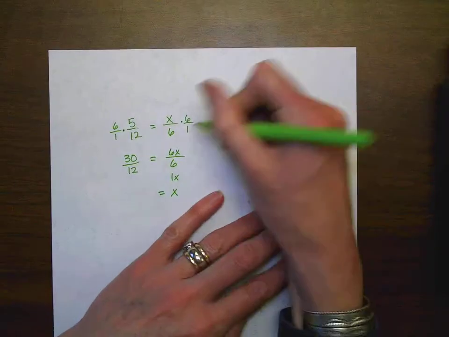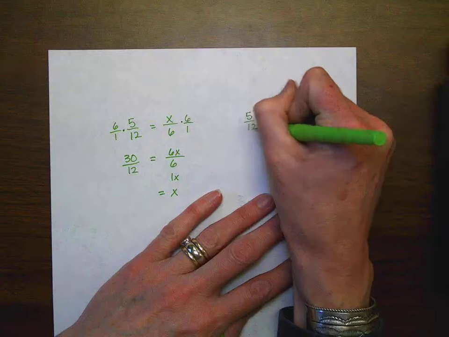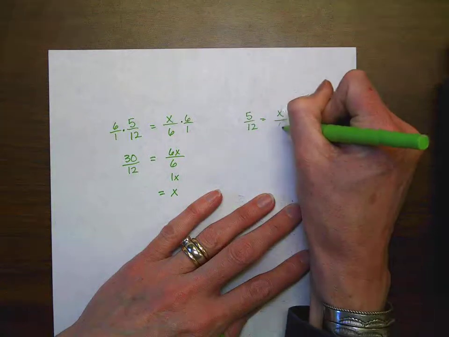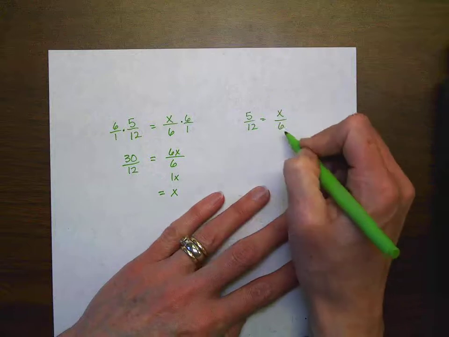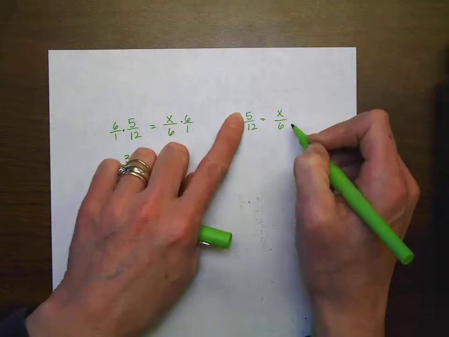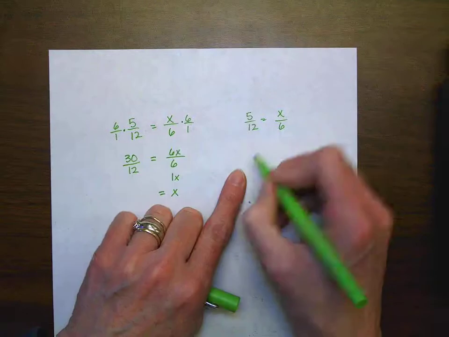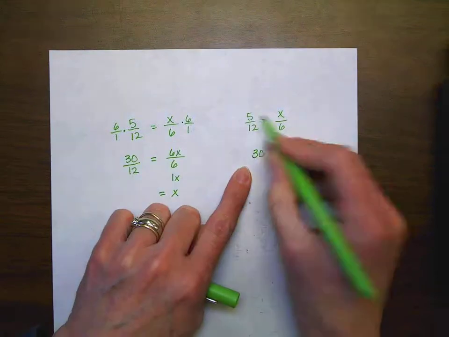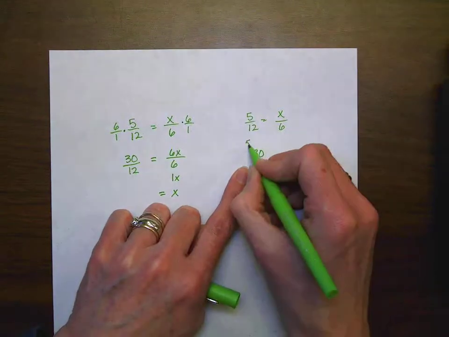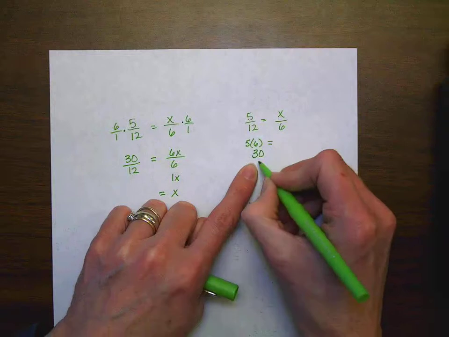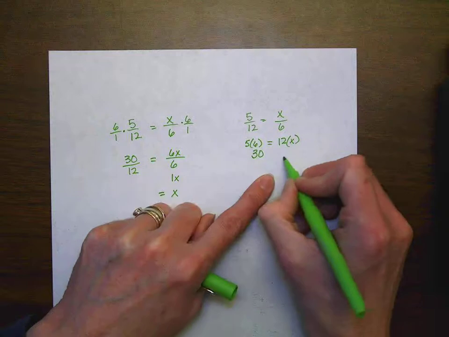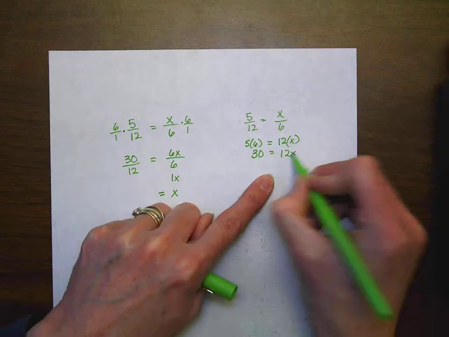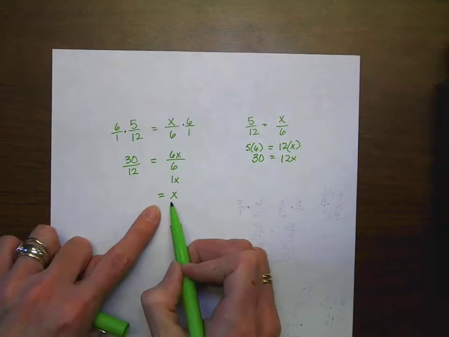And then what they were saying is that if you have 5/12 is equal to x over 6, all you have to do is take the denominator and multiply it by the numerator of the other side. So we would actually get 5 times 6, which equals 30, and then 12 times x, which equals 12x.